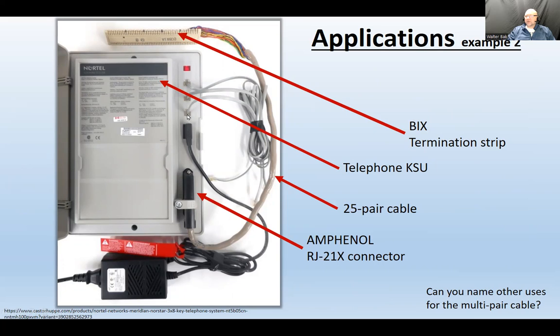RJ11 is capable of 2 pairs, and RJ12 has extra prongs in there that RJ11 just has empty slots for. This one here is also registered jack RJ21, and the X stands for male or female, depending on how you want to plug this in.